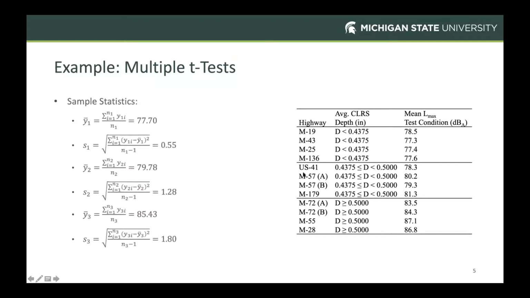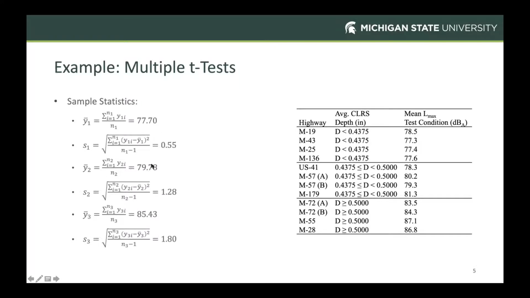The second group, which ranged from 0.4375 up to 0.5 inches, measured 79.78 decibels. And then the group that was above half inch in depth measured an average of 85.43 decibels.